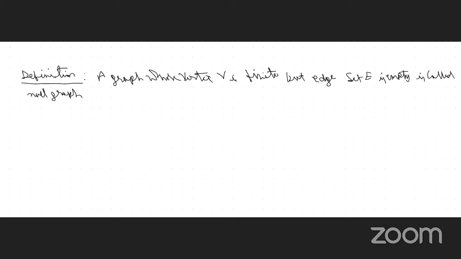A special type of null graph consists of only one vertex and no edges.